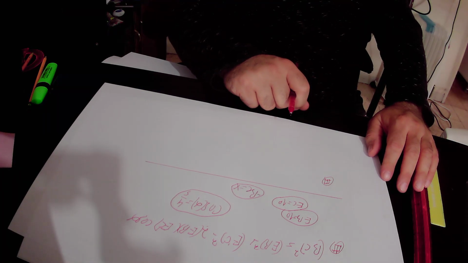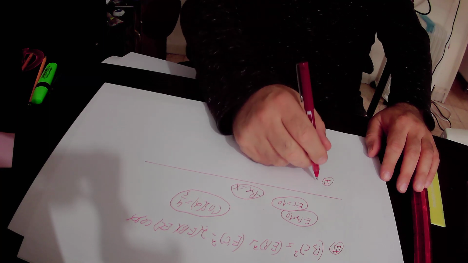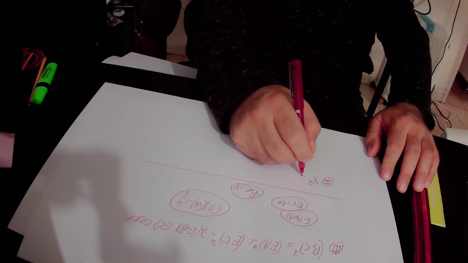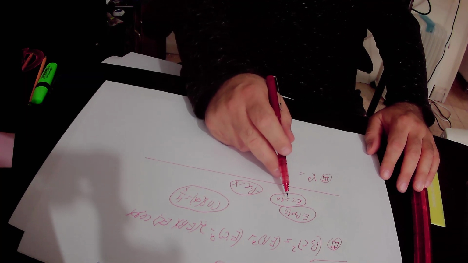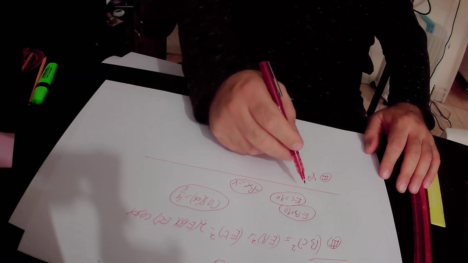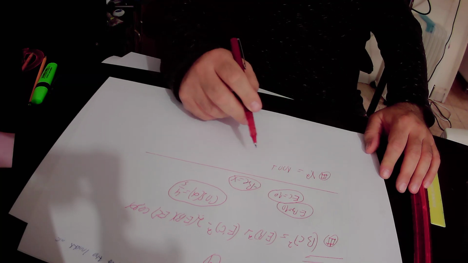BC square, BC is x, so BC square is x square. It is equal to EB square. EB is 10, so EB square is 10 squared, that is 100, plus EC square.